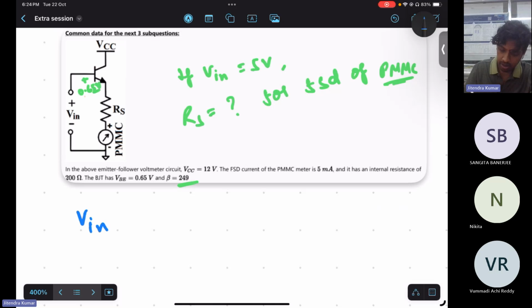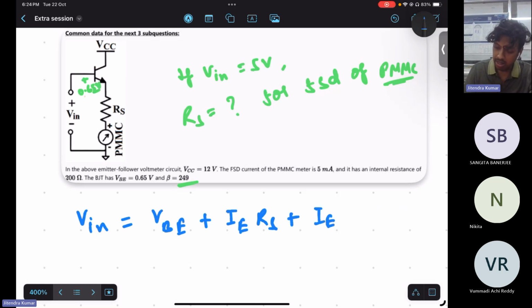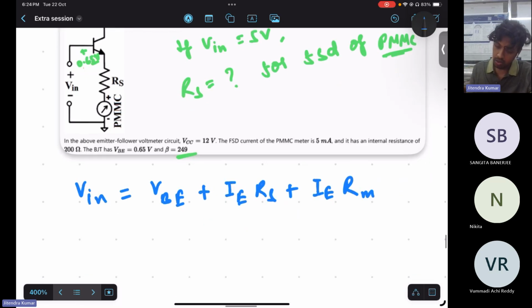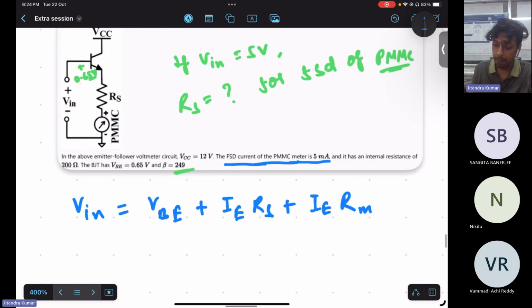Vin is equal to VBE plus IE RS plus IE into Rmeter. So we have included all the terms, right? Now, the full scale deflection current of the PMMC meter is 5 milliampere.